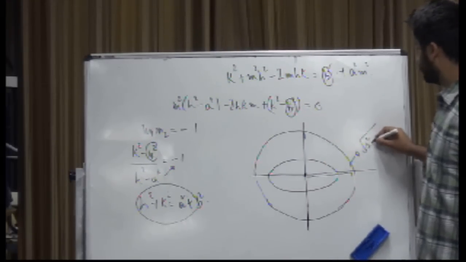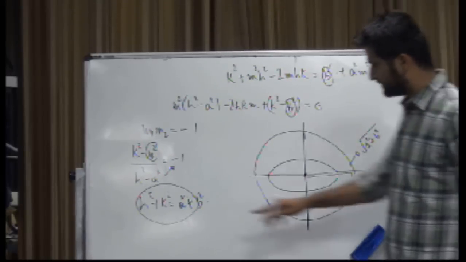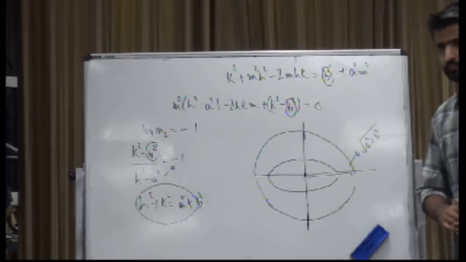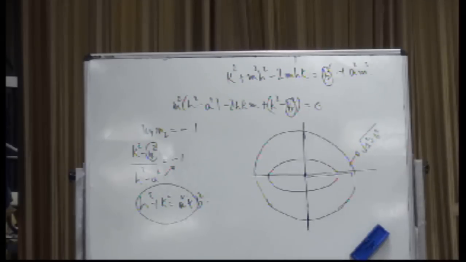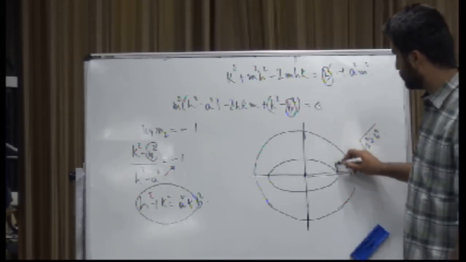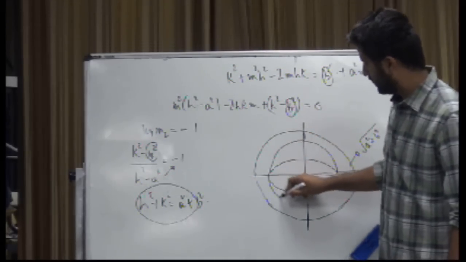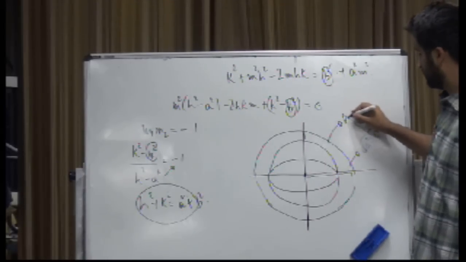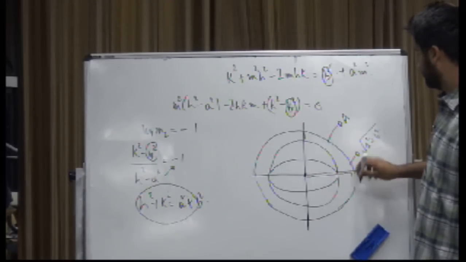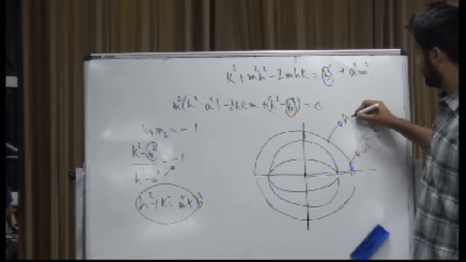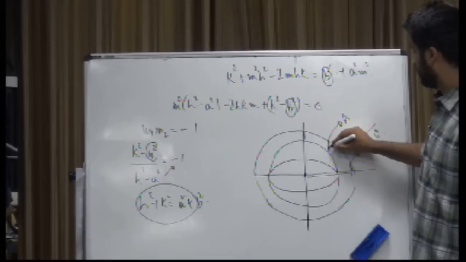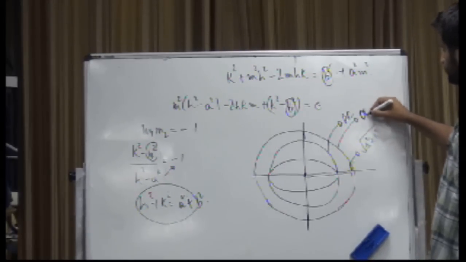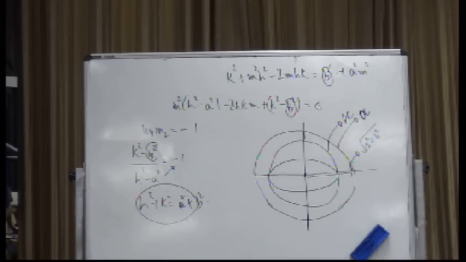This will be equal to root a square plus b square. As you can see, this is a circle and the radius is root a square plus b square. So this is a director circle, and we also discussed one more circle, the auxiliary circle. Its diameter is equal to the major axis. So this is the auxiliary circle, and this one is the director circle.